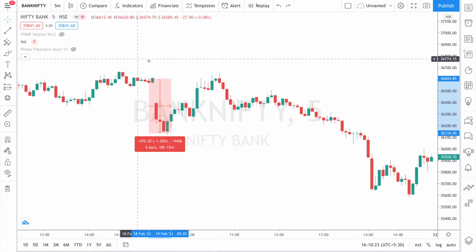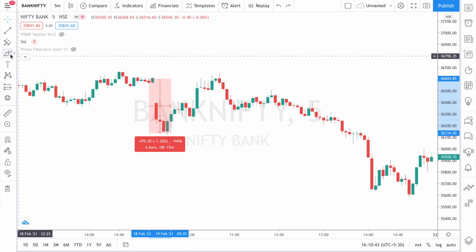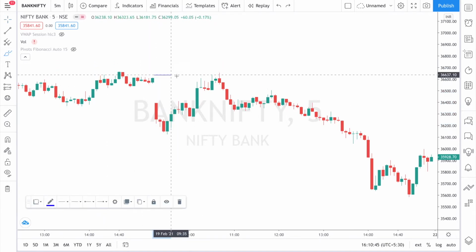This is a simple logic: the market may fall 1000 points also in the morning 5 to 10 minutes itself, but most probably the market will not fall 500 points like this in a few candles. It will fall, there is selling pressure, but it will not fall with this quick momentum.